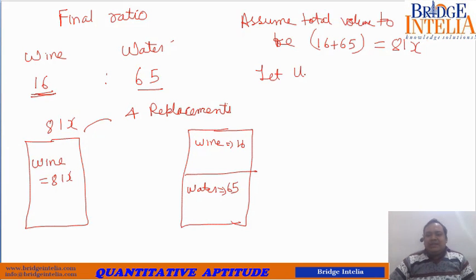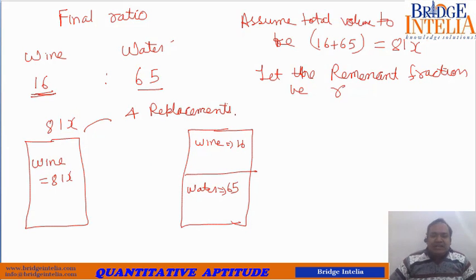Now let the remnant fraction be R. Remnant means the fraction that you allow to remain behind. So starting from 81x, you allow R part to stay behind. You have done this 4 times. So 81x into R into R into R into R.